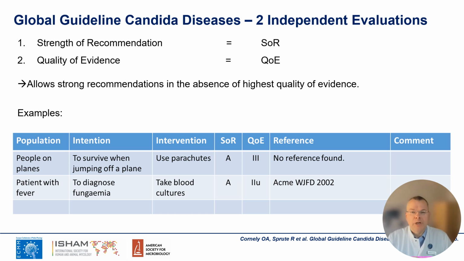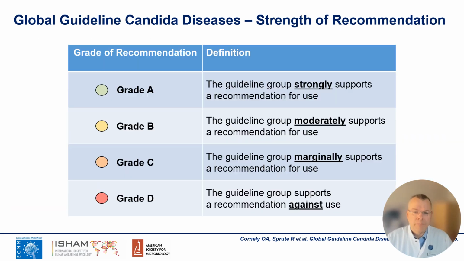And I will come in a moment to explaining what that little u means there. So it's an A, a strong recommendation to take a blood culture in that situation with that intention and purpose, but the quality of evidence is weaker than what we would expect. And we have that in many instances in a field that lacks randomized clinical trials, and often lacks funding in the field of fungal infections.